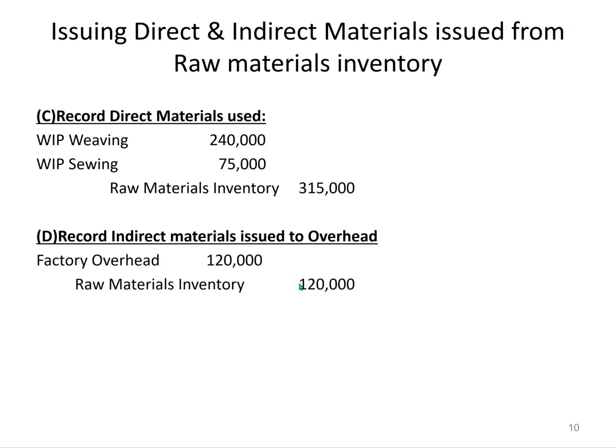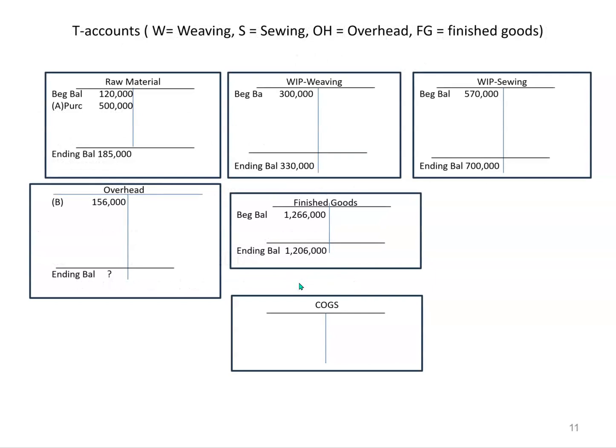And for overhead, we're going to increase factory overhead and decrease raw materials. So now let's see what that looks like in our T accounts. We see it coming out of raw materials. We see it going to weaving. We see it going to sewing. And we see it going to overhead.